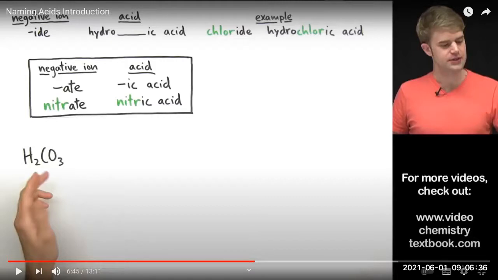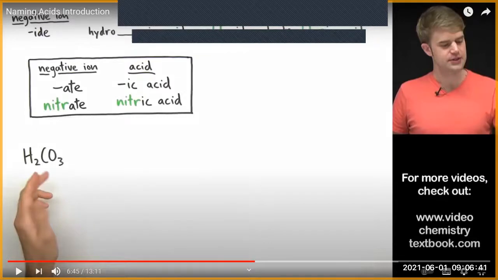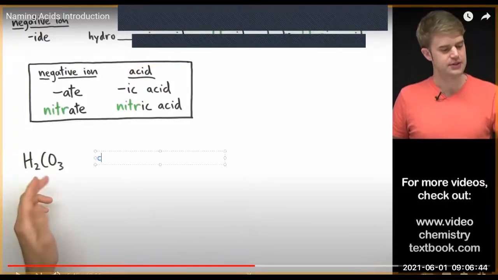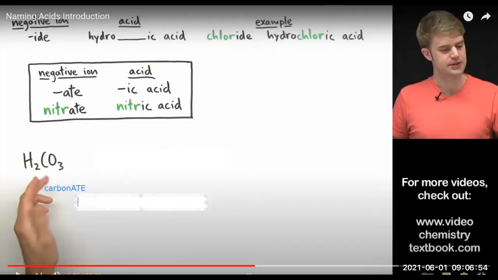So, if we have carbonate, we're going to replace -ate by the suffix -ic, okay? So it's going to be carbonic acid. As simple as that, okay? Just take a look at the suffix. If it's -ate, replace it by -ic. Then just add the word acid.